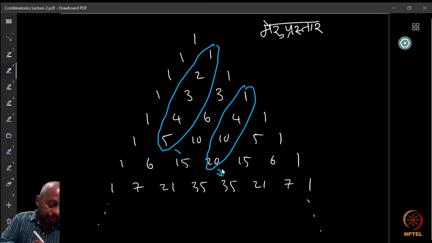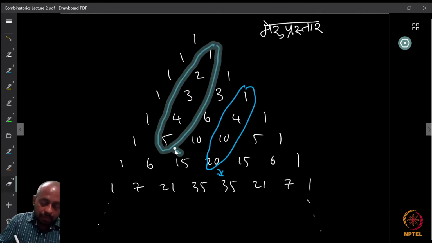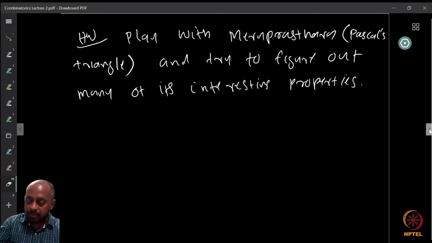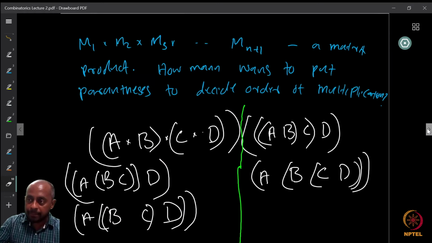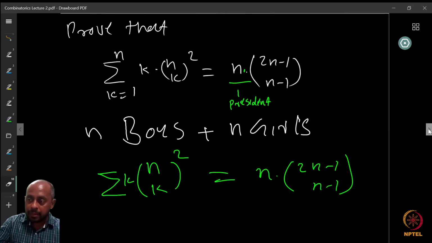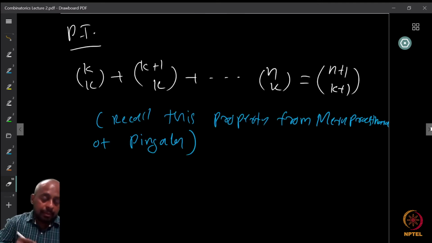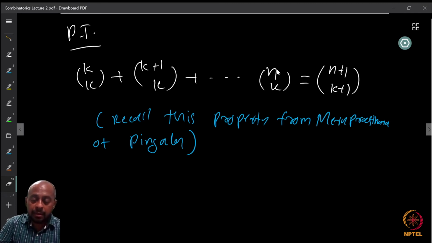So using this observation, we can write it in a formal way, right? I asked you to form it yourself. Maybe you have already done it, but if you have not, here it is. That k choose k plus k plus 1 choose k plus etc. up to n choose k is equal to n plus 1 choose k plus 1, right?